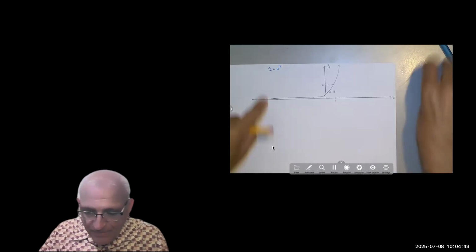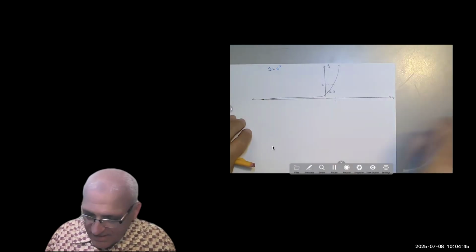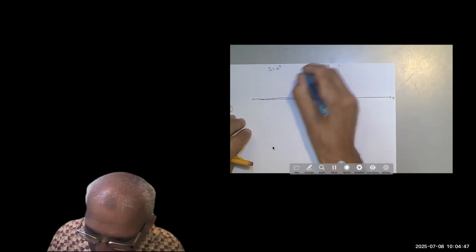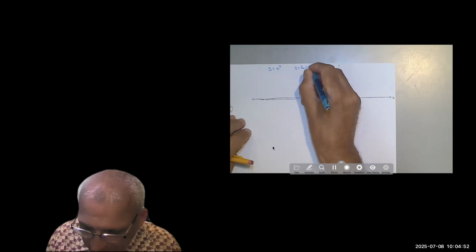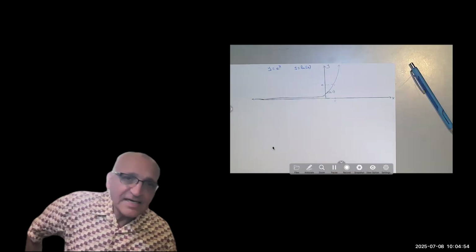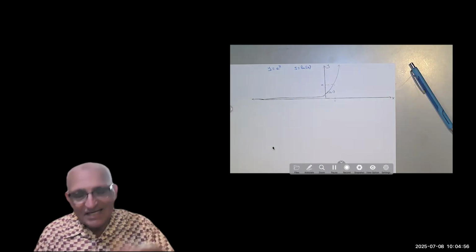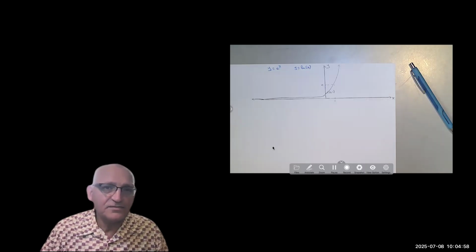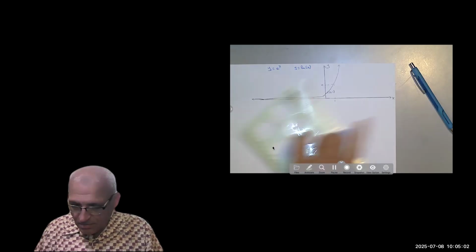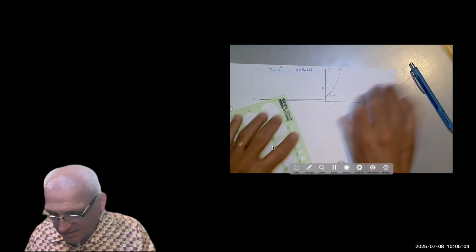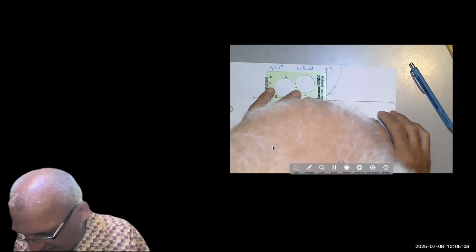Now, the opposite of that, or the reciprocal or the inverse function, is, let's say, y equals natural log of x. You cannot get a natural log of a negative value, okay? So the x here cannot be negative.